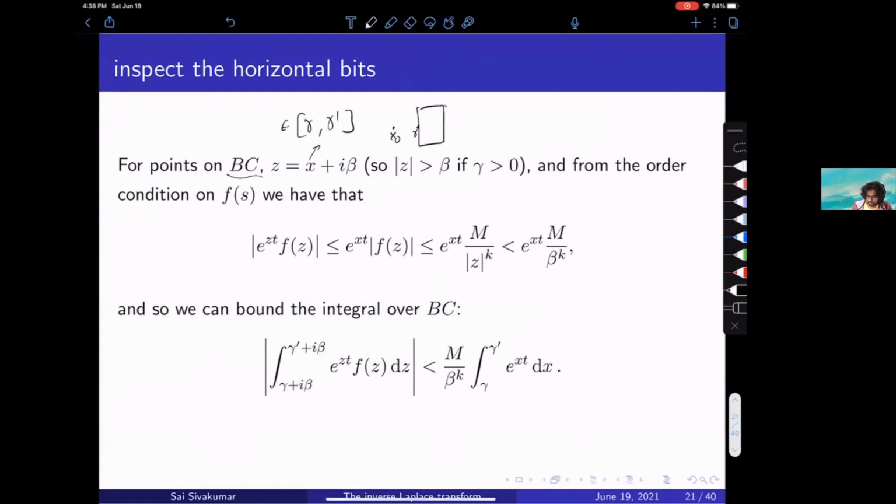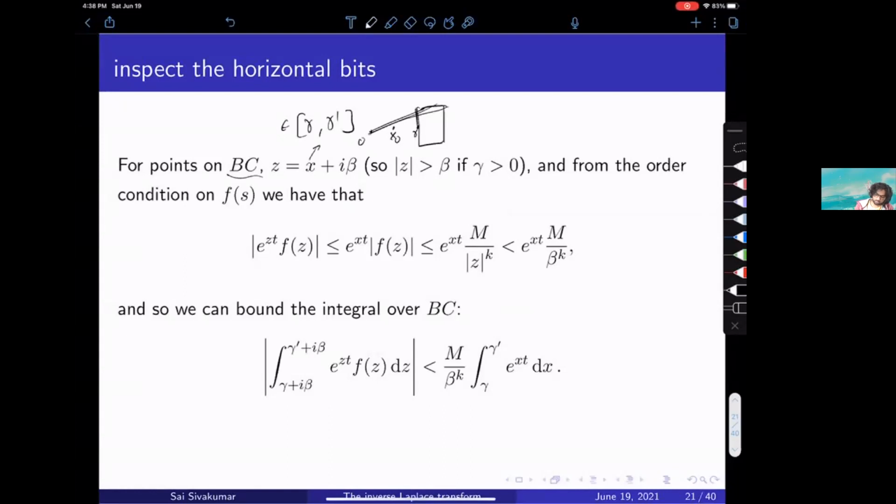And so if you consider from the origin, the magnitudes of all these points, they're all going to be greater than beta, because beta is just the distance from gamma or gamma prime to that horizontal bit. So that's nice for bounding.